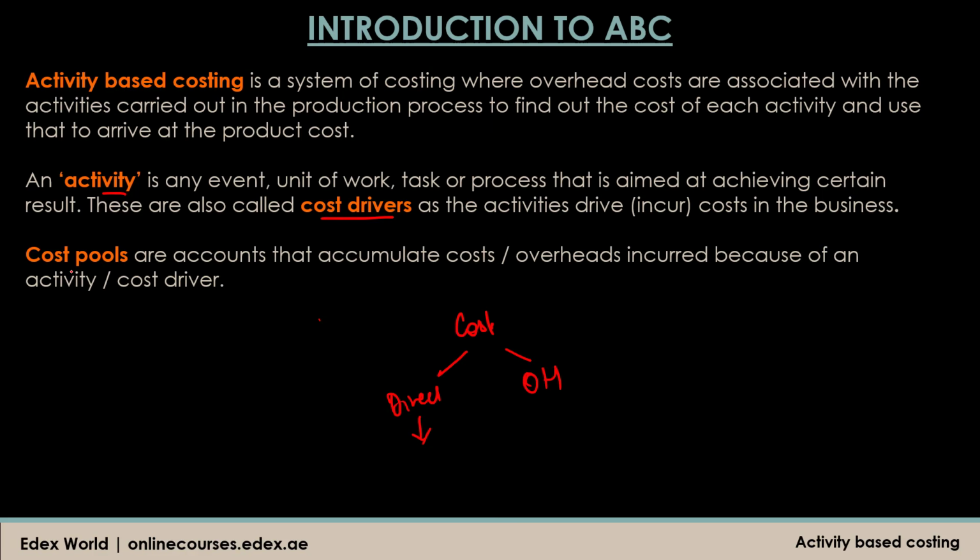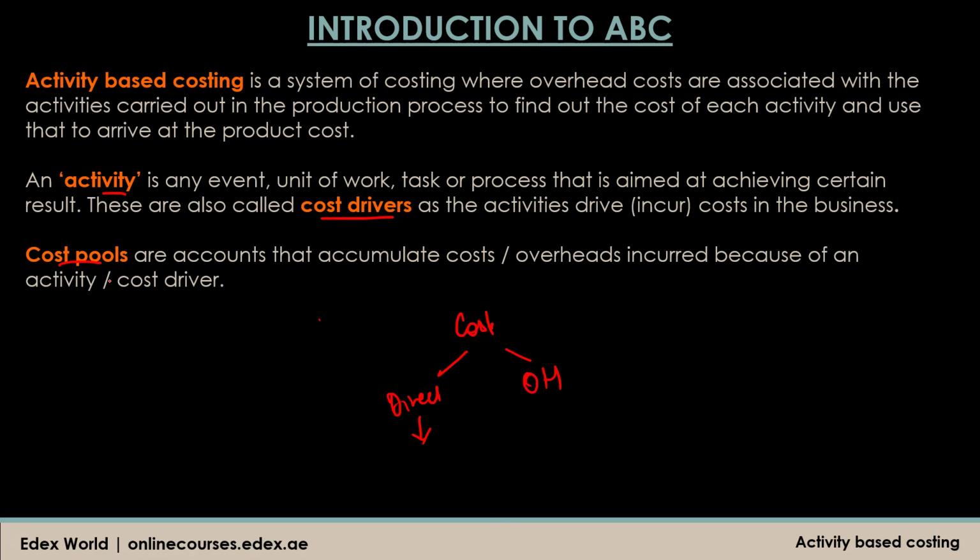And there's another important term called cost pools. Cost pools are accounts where costs get accumulated. For example, let's say there is a process of placing orders to buy certain raw material. Placing an order is an activity that drives cost, because when an order is to be placed, the purchase department may have to incur some kind of cost, or the salary of the purchase department itself is the cost of the ordering activity.